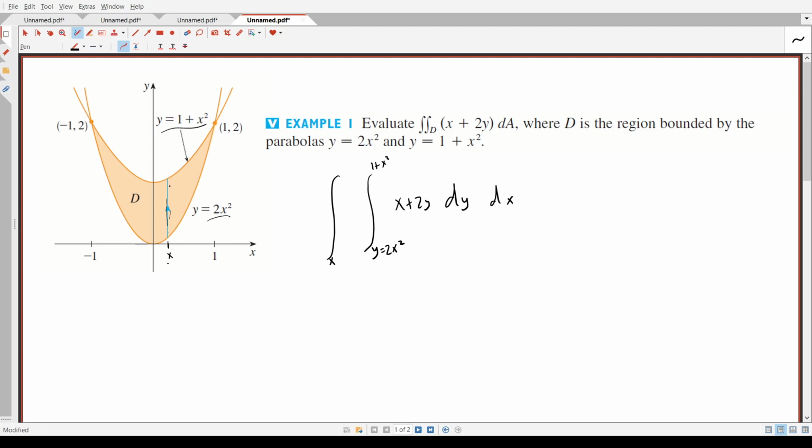Then I need to add all of those up from here to here, so I integrate all of those cross-sectional areas together in the x direction. So I'm integrating from -1 to 1.